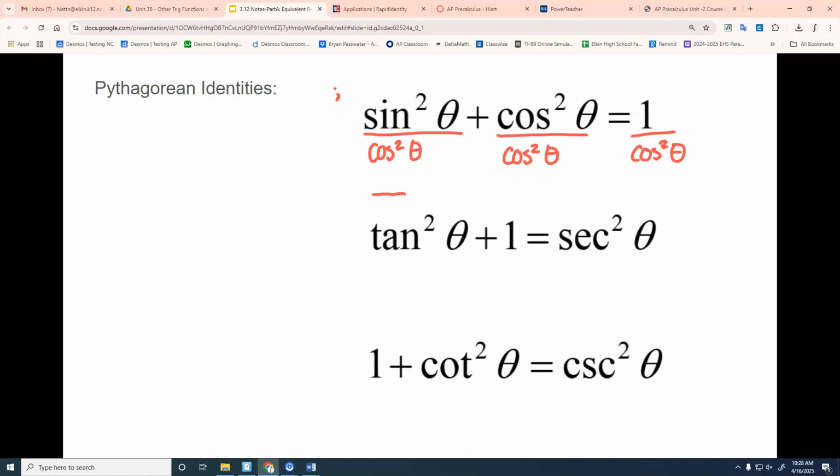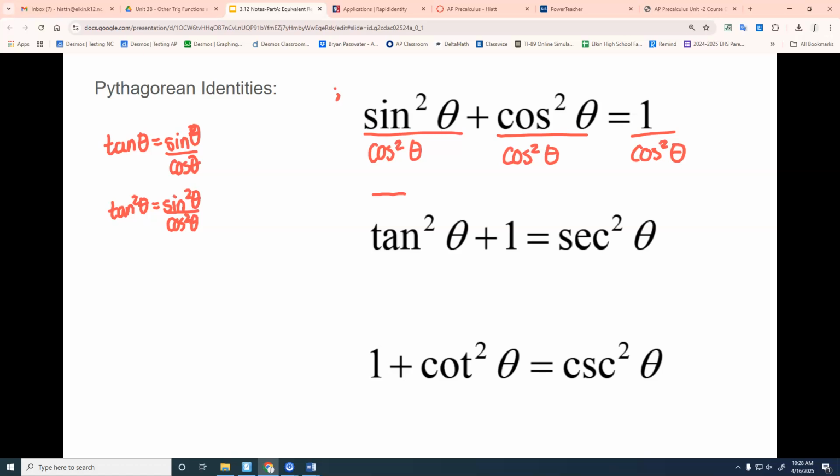Whenever you're talking about a fraction, I already know that tangent of theta equals sine theta over cosine of theta. If I square both sides of that equation, I get tangent squared theta equals sine squared theta over cosine squared theta.